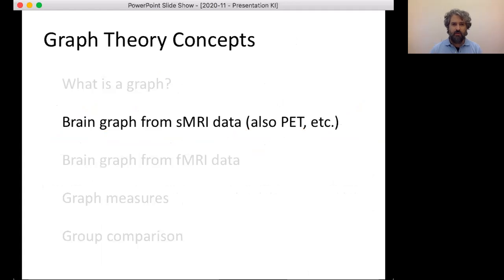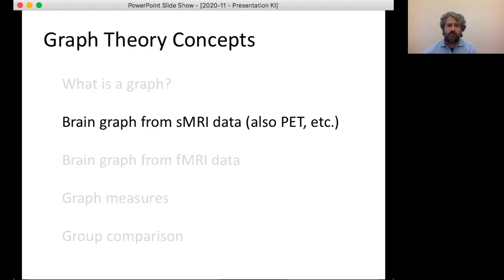We have seen what kind of adjacency matrix we can typically consider. Now the question is how we can construct this adjacency matrix starting from actual data.